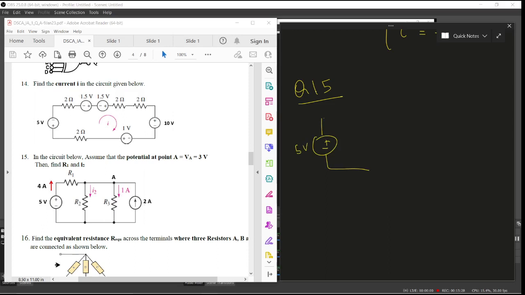5 volt, then resistor is there, R1, then another one. Now this is 2 ampere, what is flowing here. If this is a current source, please remember I have already told that it's an independent current source.